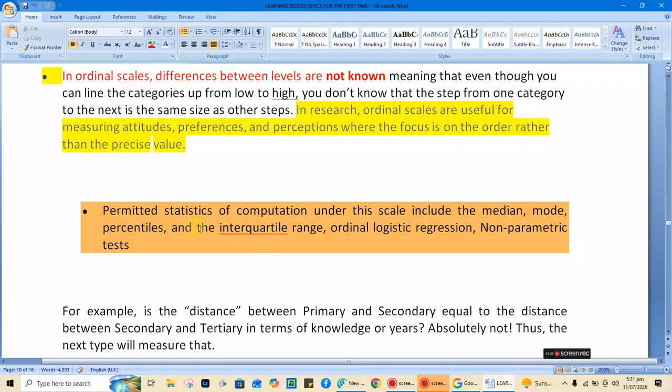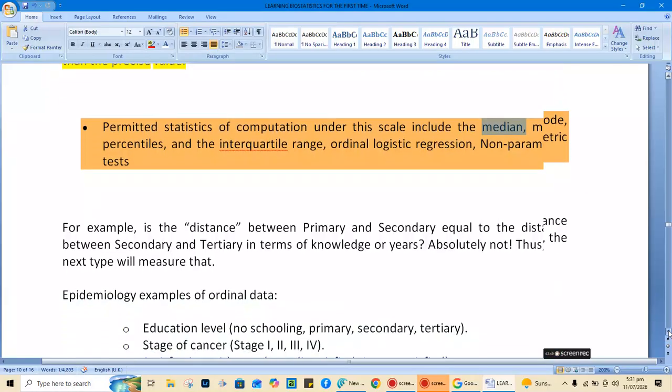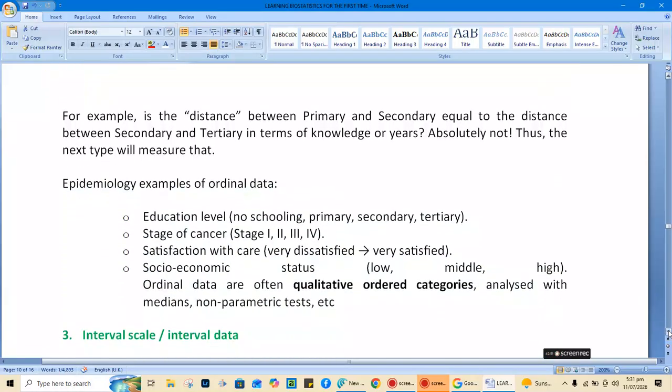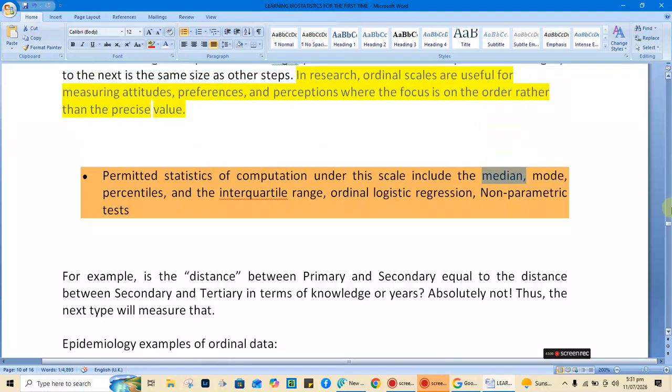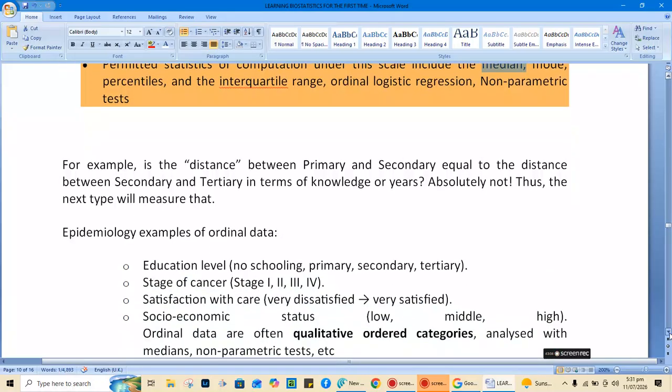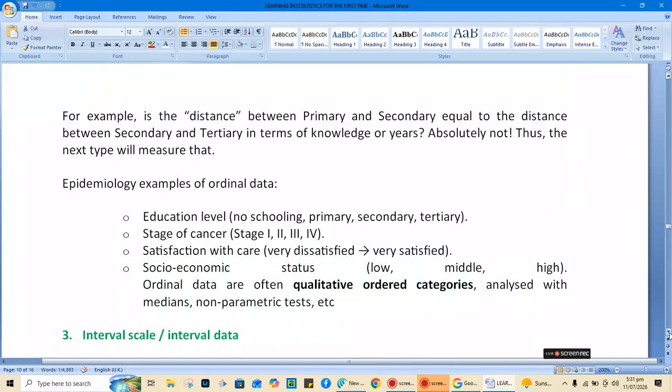Here you are permitted to use median, mode, percentiles, interquartile ranges, and all of those things. But remember, for nominal, you only use the mode. But here you can use the mode, the median, there is no mean here for ordinal. Why? Because you do not have values yet. You do not know the distance.